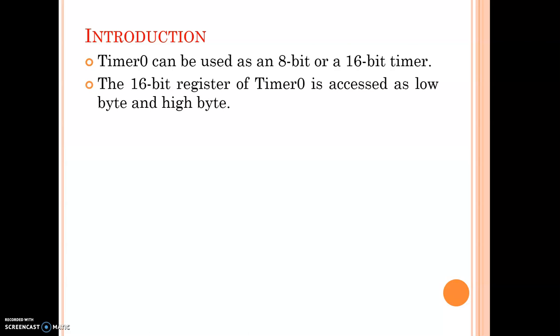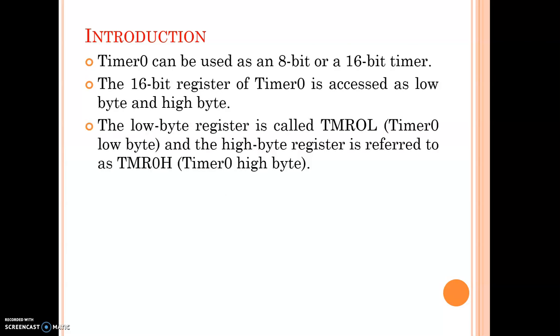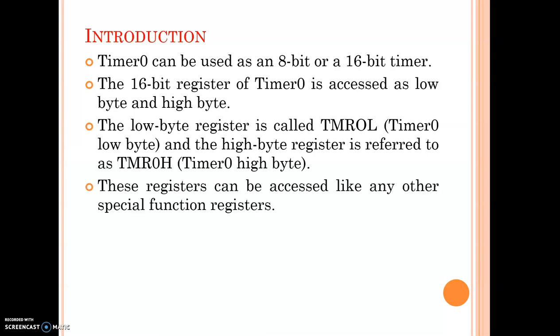The 16-bit register of timer 0 is accessed as low byte and high byte, for example, TMR0L and TMR0H. The low byte of the register is called TMR0L, and the high byte of the register is referred to as TMR0H.